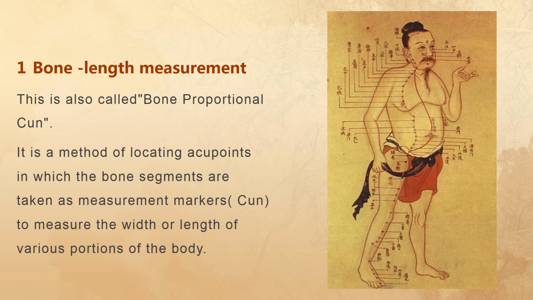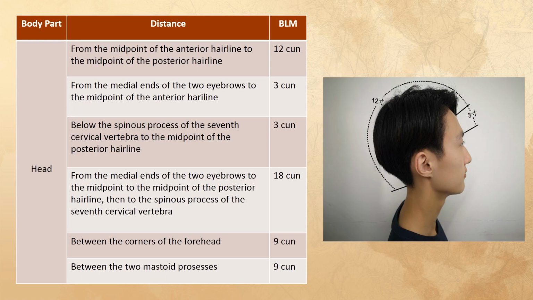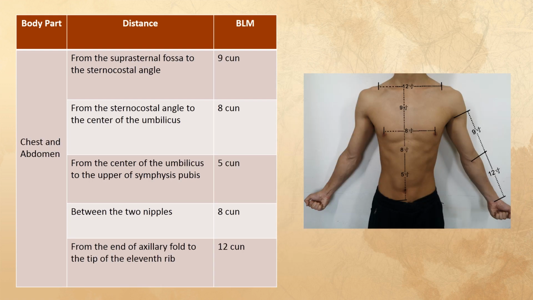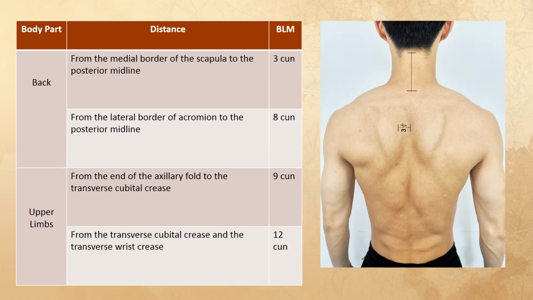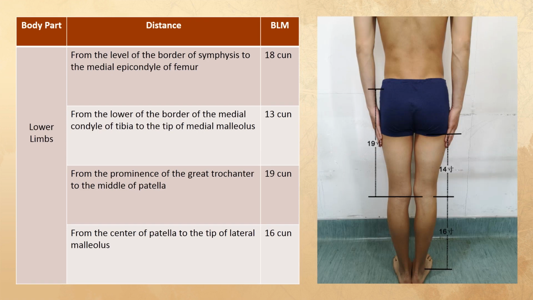The body is usually divided into 5 parts. They are head, chest and abdomen, back, upper limbs, and lower limbs. Standards for bone length measurements are as follows.